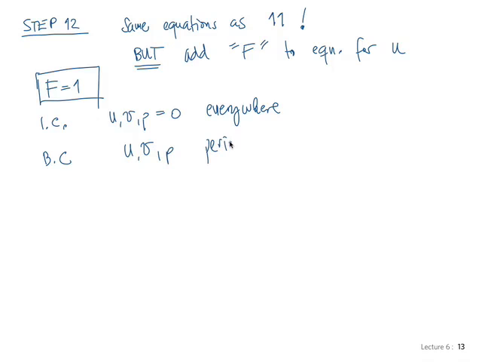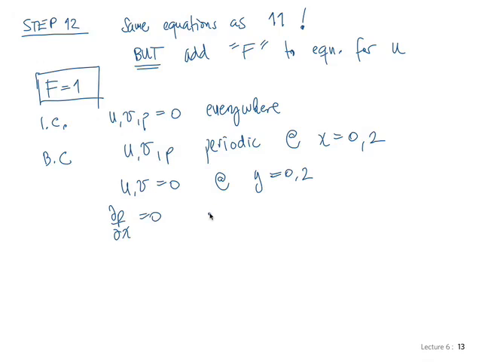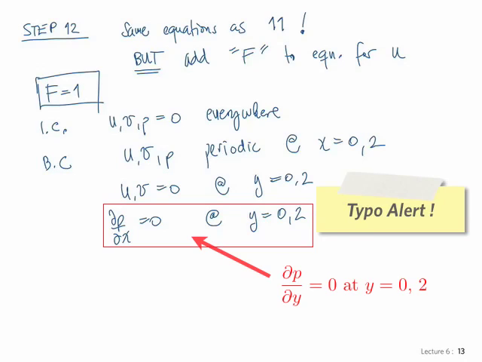So now you get to use your periodic boundary conditions from the previous steps at x equals 0 and 2, u, v equal to 0 at y equals 0 and 2, and dp/dx equal to 0 at y equal 0 and 2.